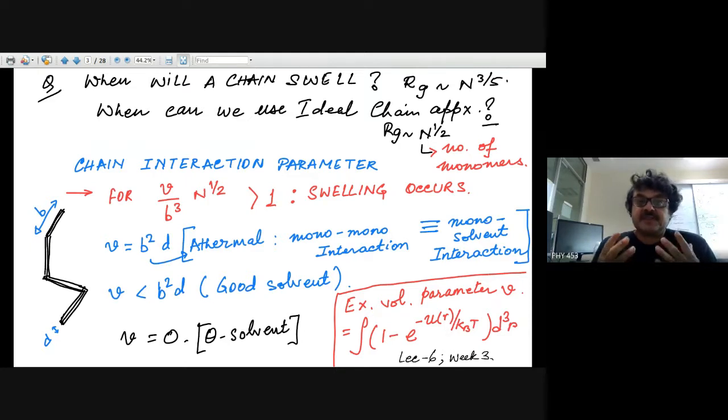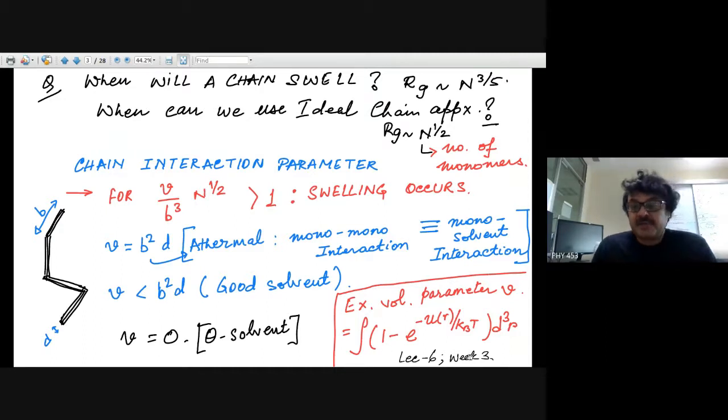now if you have a single chain, a dilute polymer chain, right? On one limit, you have the athermal solvent, the athermal limit of a polymer, where basically a monomer does not distinguish, in terms of interaction, between a monomer-monomer interaction and a monomer-solvent interaction. The strength is the same.